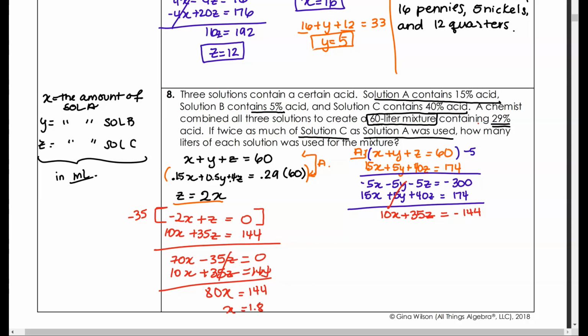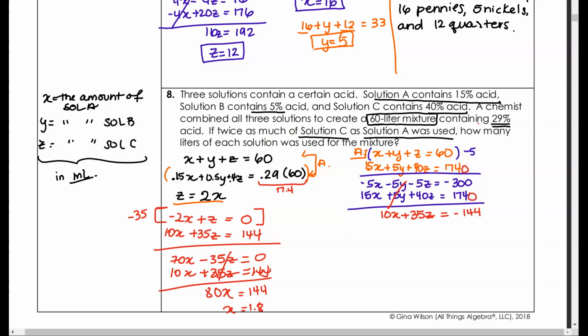Hold on, class. I think I messed up when I multiplied by 100. So 0.29 times 60 is going to equal 17.4. And so when I multiply this by 100, this should have been 1,740.